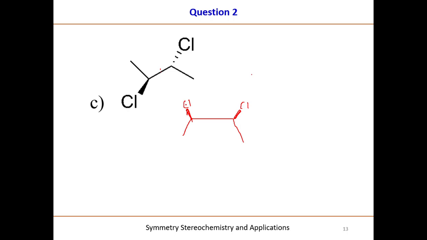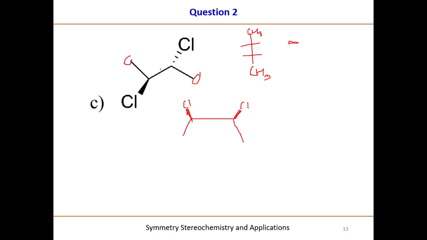So if you write in Fischer conformation, Fischer form, you will see these two are CH3 groups, CH3 and CH3. In Fischer conformation, these two upside and downside bonds are below the plane. We are considering below the plane this way.